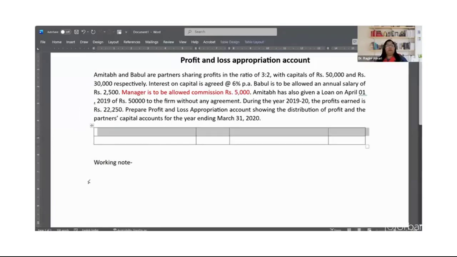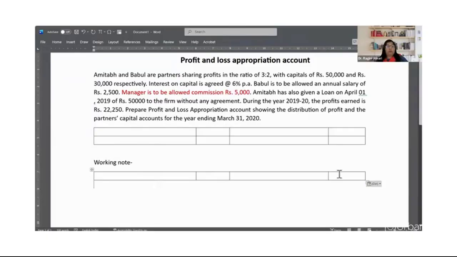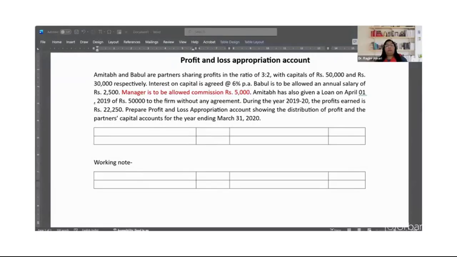So first of all, we need to make a P&L account here. For the P&L account, we start with the profit which is shown here, that is 22,250. From this profit, we are going to deduct the manager's commission as well as the interest on Amitabh's loan, because the loan interest is also charged to the P&L account.